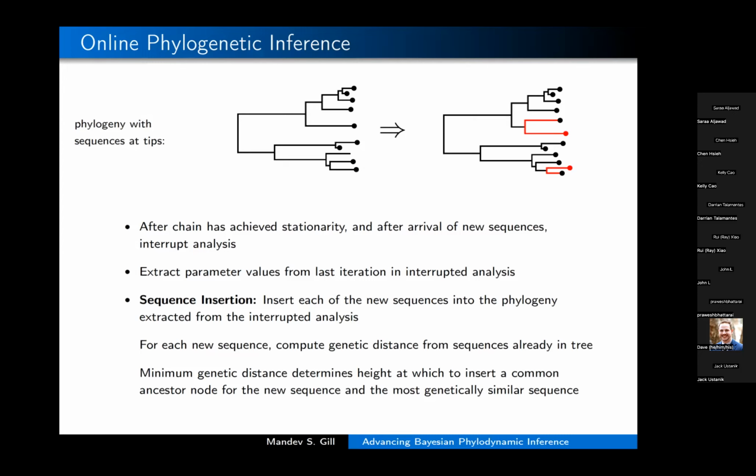For each new sequence, we compute its genetic distance from the sequences that are already in the tree, and the minimum genetic distance determines the height at which to insert a new common ancestor node for the new sequence and its most genetically similar sequence.